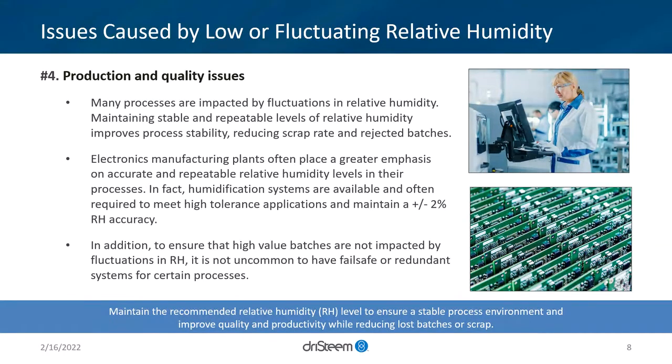Production and quality: again, that fluctuating, low, or high relative humidity really can destroy some batches, and you have to scrap, which can obviously be very costly. I mentioned earlier the tolerance or controllability within plus or minus 2% is something very typical.